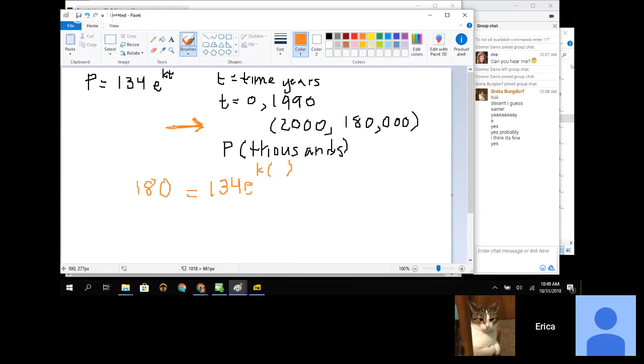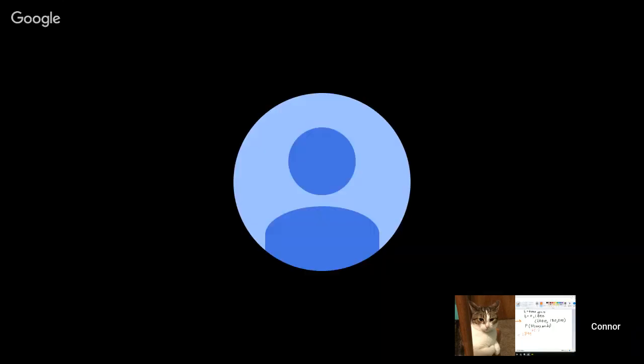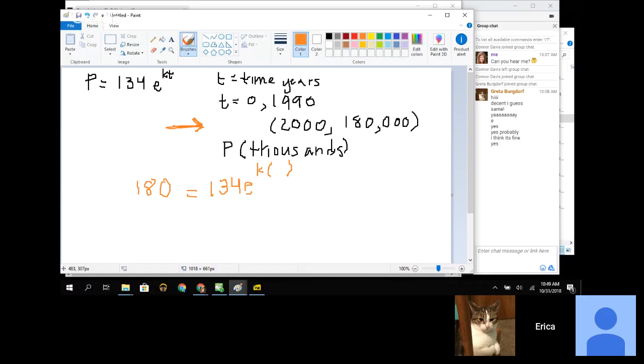Okay. And then we know it's modeled by 134 e to the kt power. So now what do we put in for the time t? Well, time is 0 in 1990. So what would time equal in 2000? 10, right? So now we have to find k based off of this information. So what should we do? Same thing we were just doing with compound interest, right?